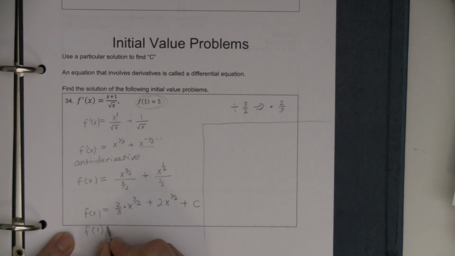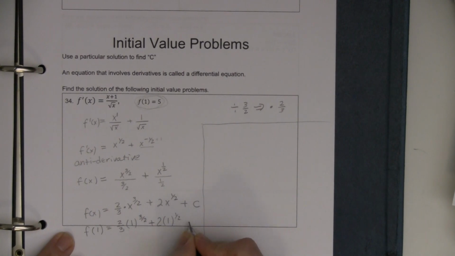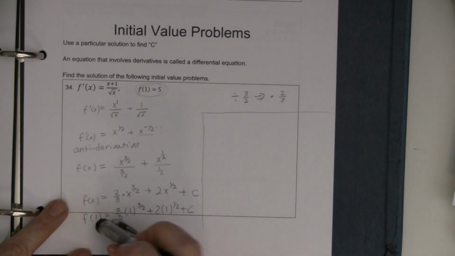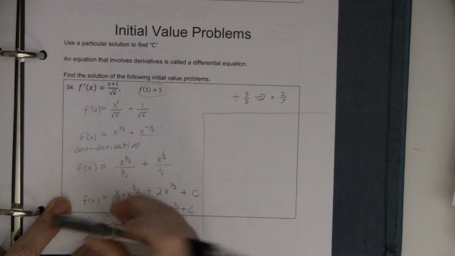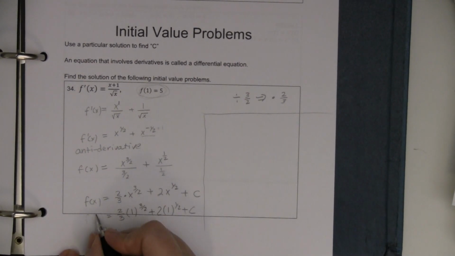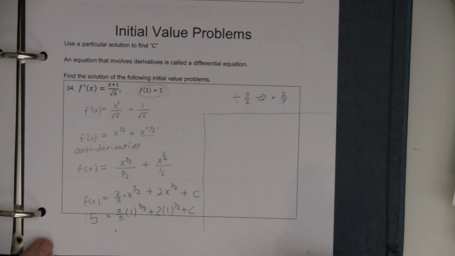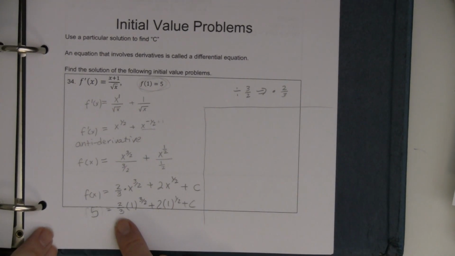So f at 1 equals 2/3 times 1 to the 3 halves plus 2 times 1 to the half plus C. And we know that f at 1 is 5, right? So I'm going to put the 5 in there. So when I do this work right here, 2/3 times 1 to the 3 halves is 2/3.